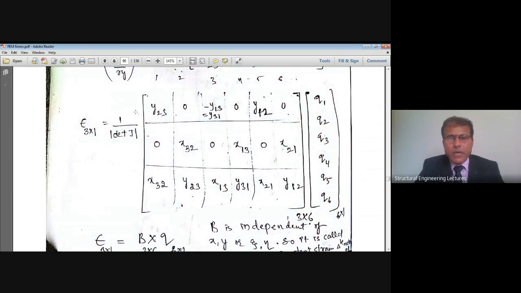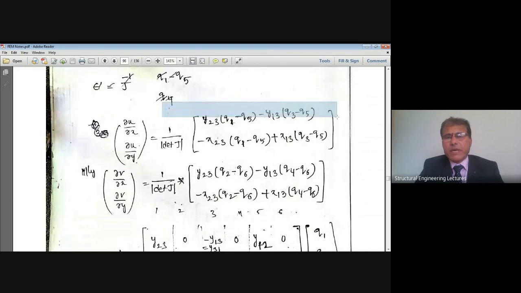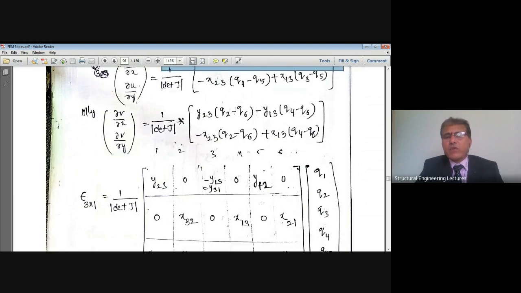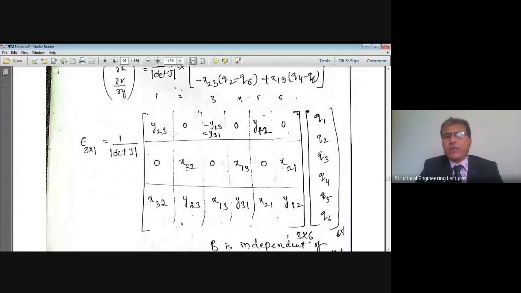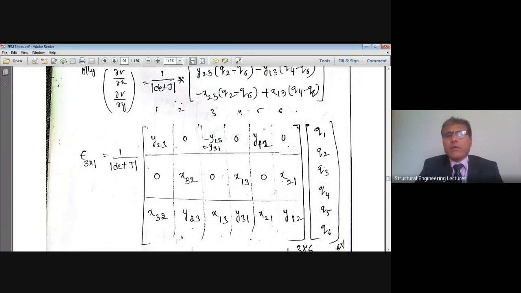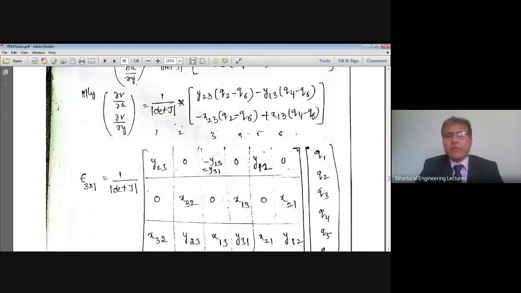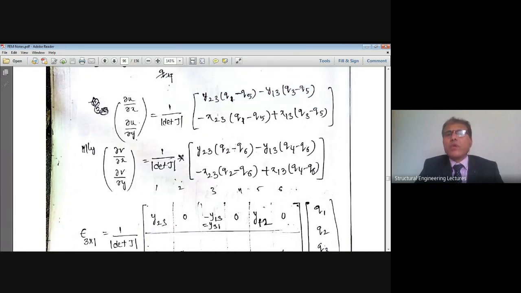Hence, that is how ∂u/∂x, the first one, is nothing but 1/det J. When I'm putting this first equation, 1/det J, y23 multiplied by q1, you please see y23 multiplied by q1, same y23 multiplied by minus q5, right? Similarly, you please see 0 multiplied by q2. And the next term is minus y13 multiplied by q3, but minus y13 can be written as y31, and I do have here q5 terms, 2 terms.